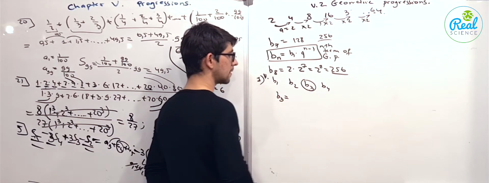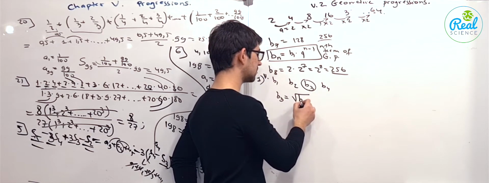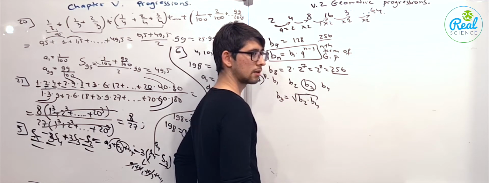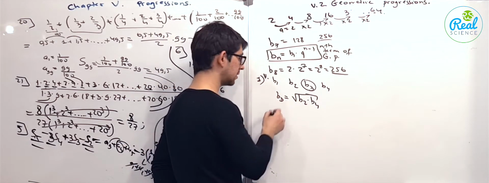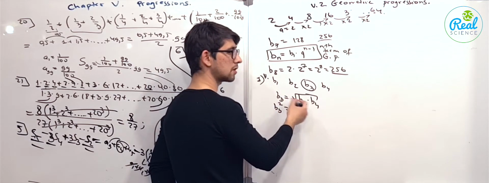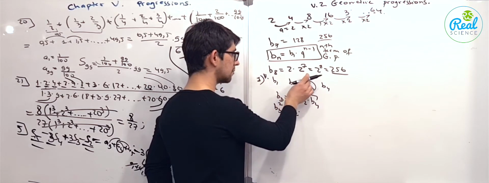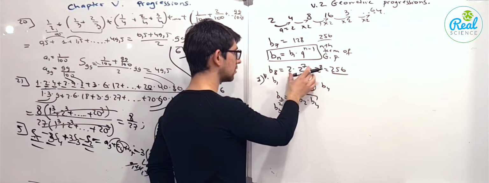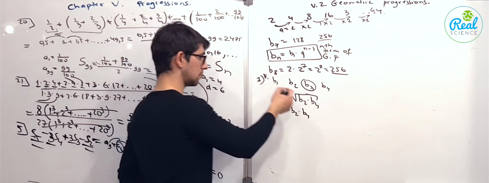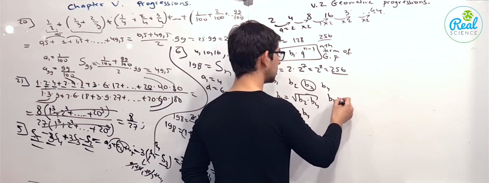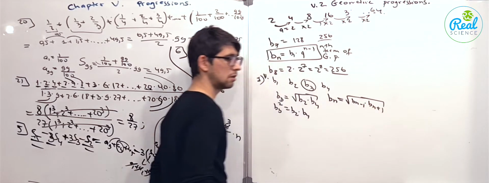The geometric mean of neighboring terms will be equal to that term, or the square of that term, b3 squared, since you are squaring both sides, will be equal to the product of neighboring terms, b2 multiplied by b4, okay? Or the general formula: bn equals the square root of bn minus 1 times bn plus 1, okay?